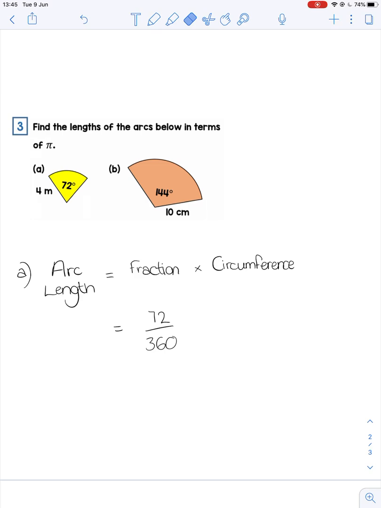Hopefully you can see the radius is 4, so the diameter is 8. So the circumference is 8 pi. And then we can type that into our calculator, and without the pi, it will give us 1.6, and then just write down the pi at the end. So don't type the pi into your calculator if you want to leave it in terms of pi. And we're done.